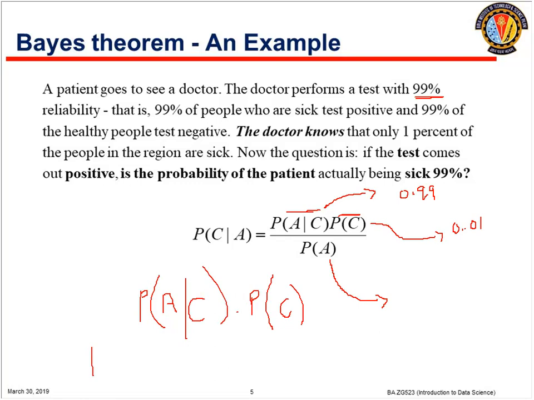Plus there is one more case when the person tests positive even if he doesn't have the disease. I'm calling it C bar to signify doesn't have disease, multiplied by the probability of a person not having the disease, that is the probability of C bar.